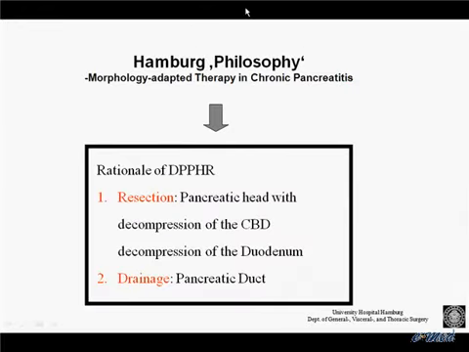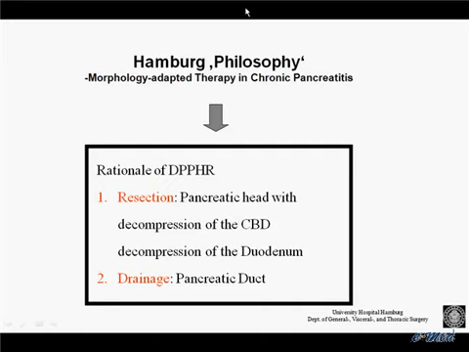Now we have a slightly different philosophy. We try to put in morphologically adapted therapy in chronic pancreatitis, and our rationale is first a resection of the inflamed pancreatic head. With this duodenum-preserving coring out of the pancreatic head, you can decompress the common bile duct, so you relieve the problem of common bile duct obstruction.